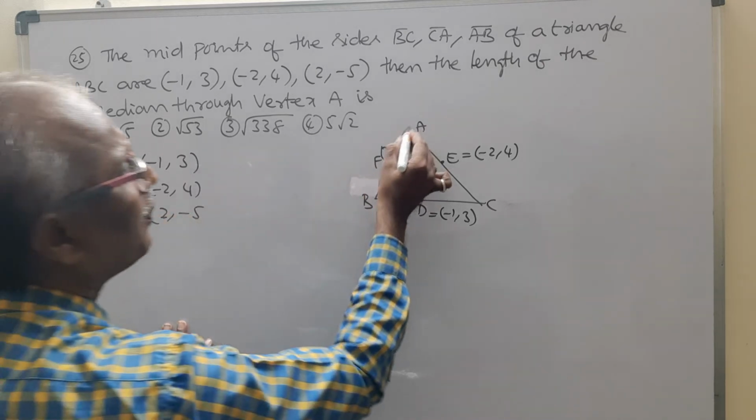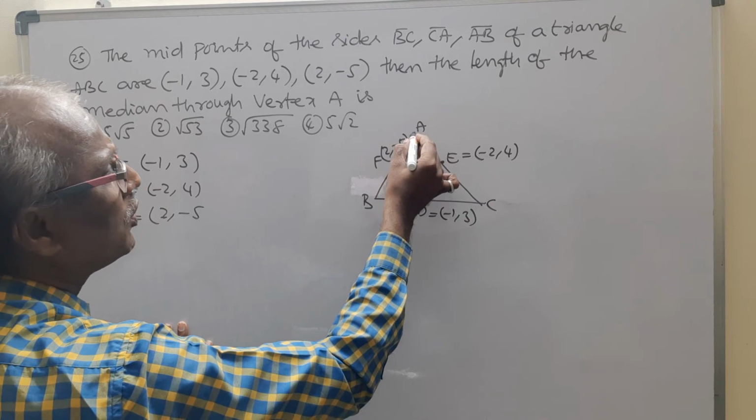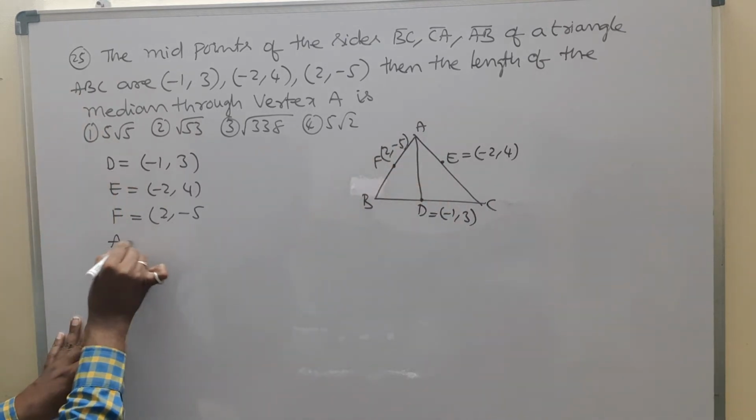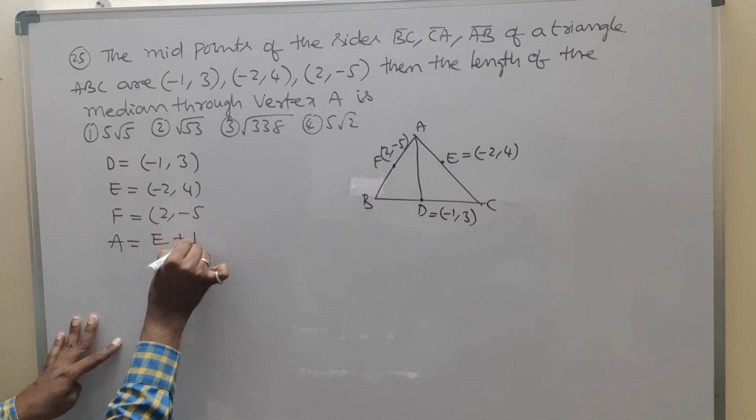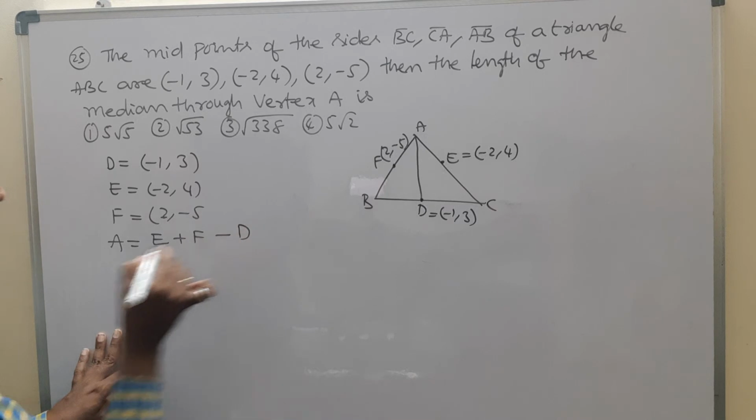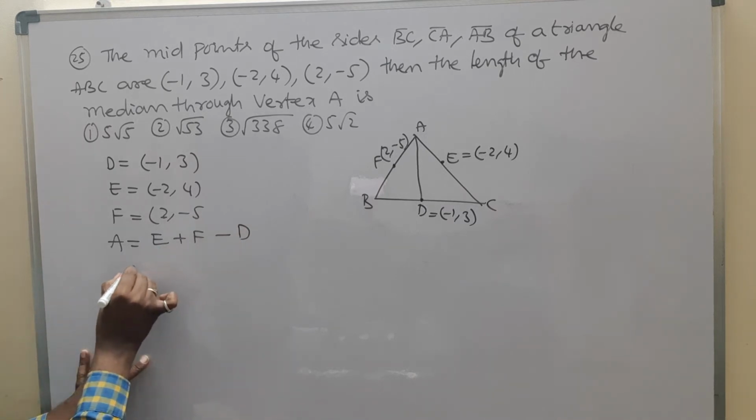To find A, the opposite side midpoint is D. So A equals E plus F minus D.